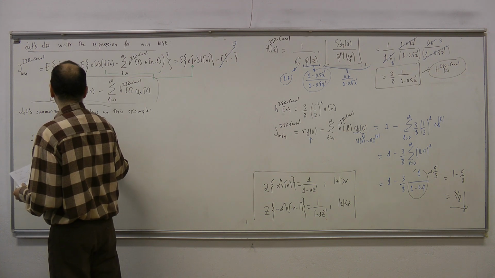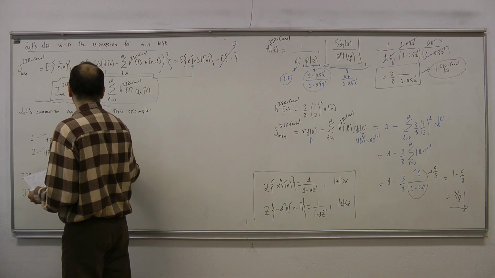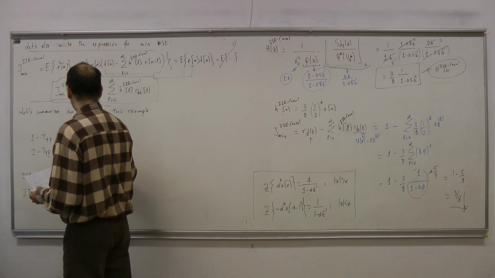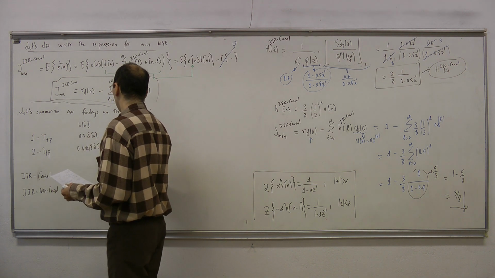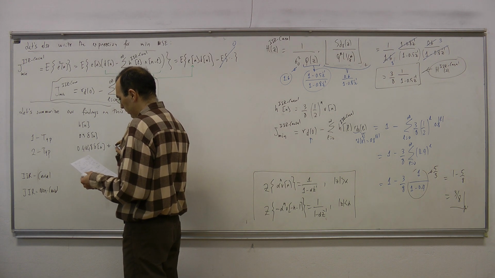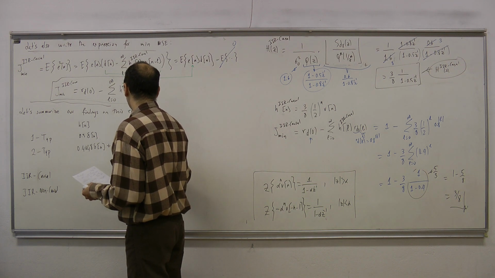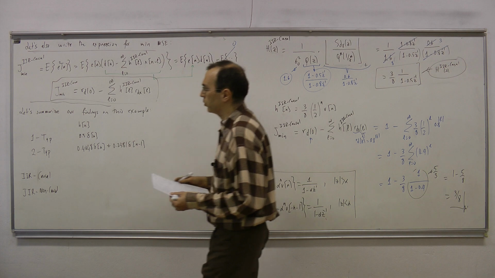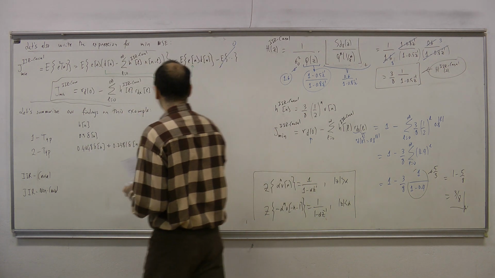h[n] for this one is 0.5 delta[n]. For this one it is 0.4048 delta[n] plus 0.2081 delta[n-1]. We have done this in earlier lectures actually. IIR causal, we have derived in today's lecture.